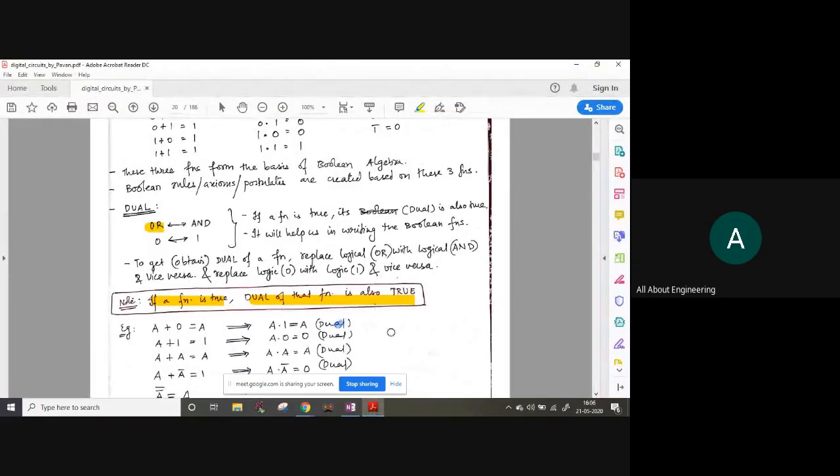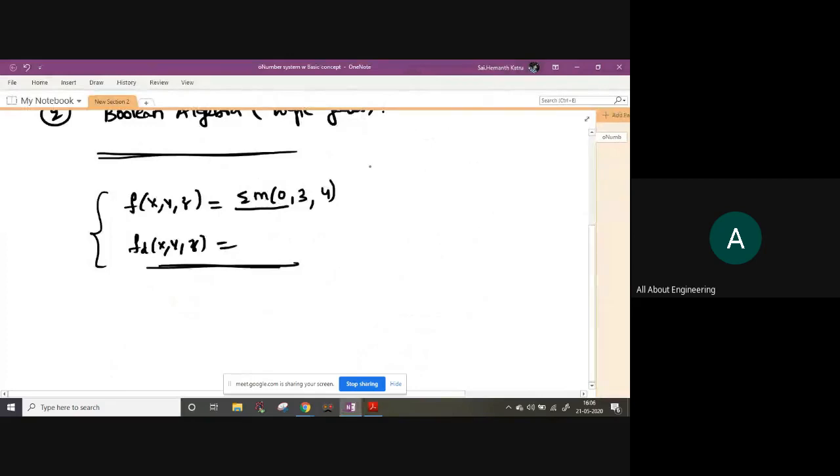Now I'm going to explain what is meant by a self-dual function. Here it is given that a bar is called a self-dual function, but I'm going to give you one more example which will help you a lot to understand self-dual functions.